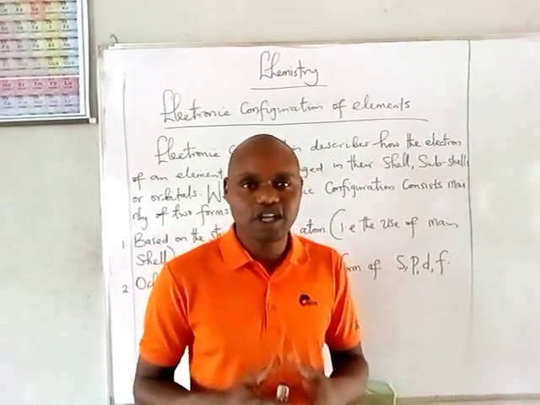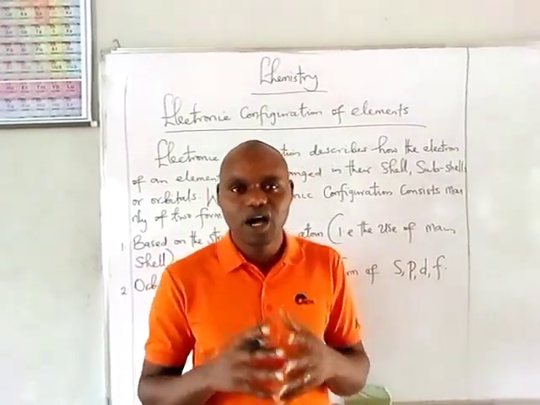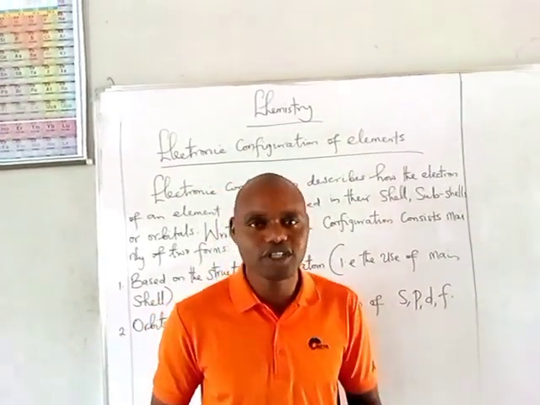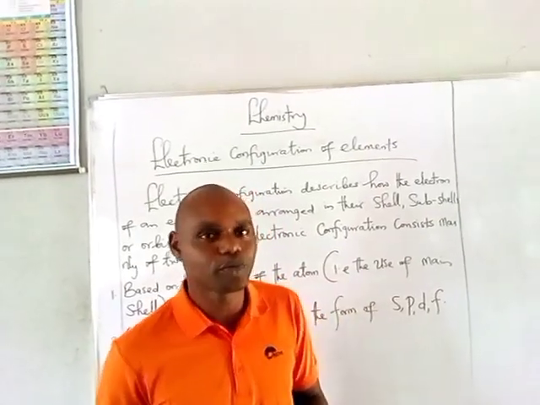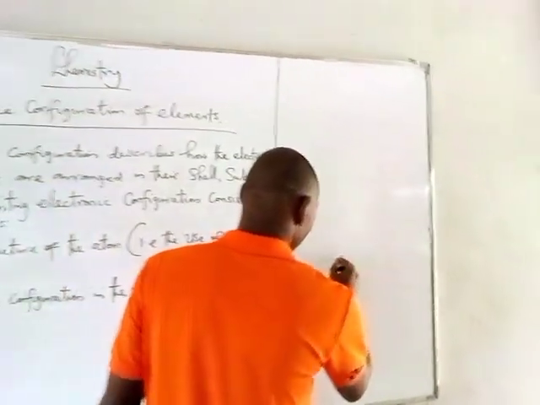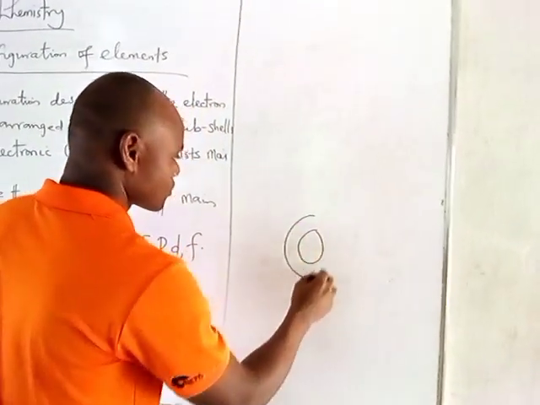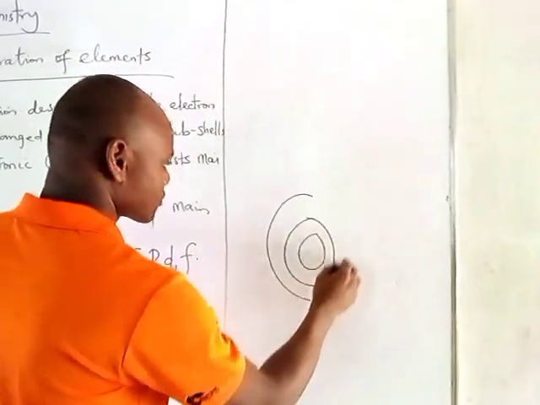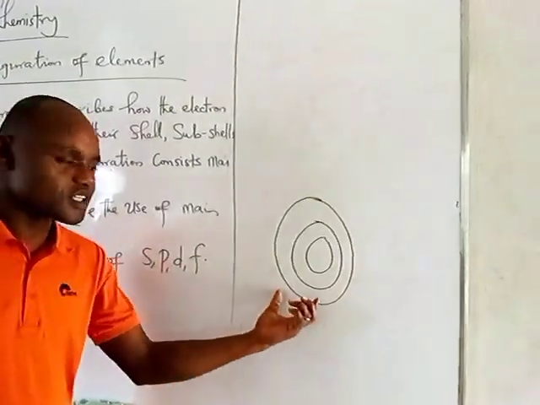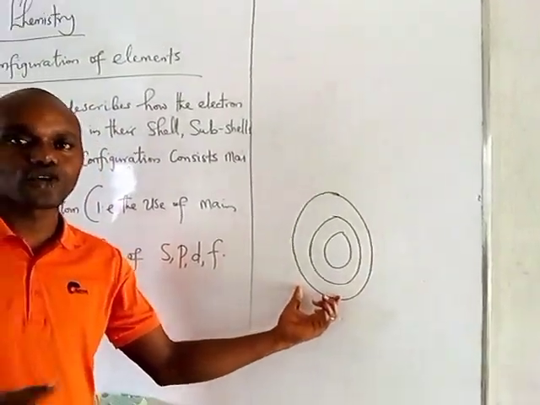So for those of us that have not really seen how an atom looks like, I will just use the opportunity to show you people. Now take for example, this is an atom. This is an example of the structure of an atom.